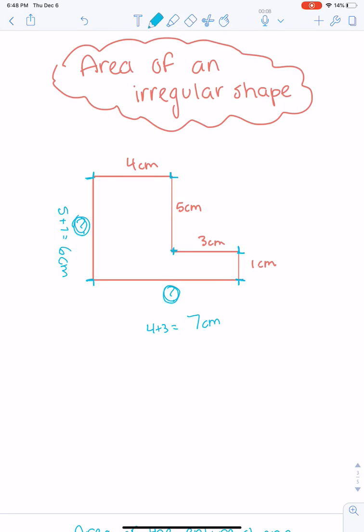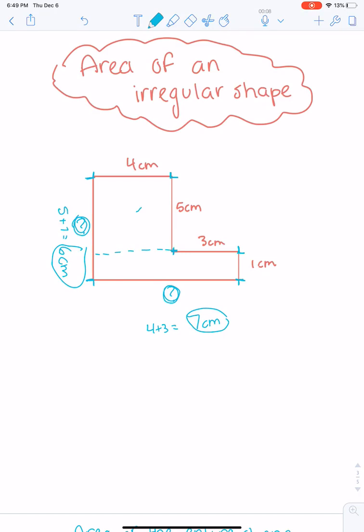Now that I have my missing sides, which are 7 centimeters and 6 centimeters, I'm going to make this shape a little more friendly, because right now it looks more like an L, and I want to work with rectangles or squares. So I'm going to put an invisible line right here.